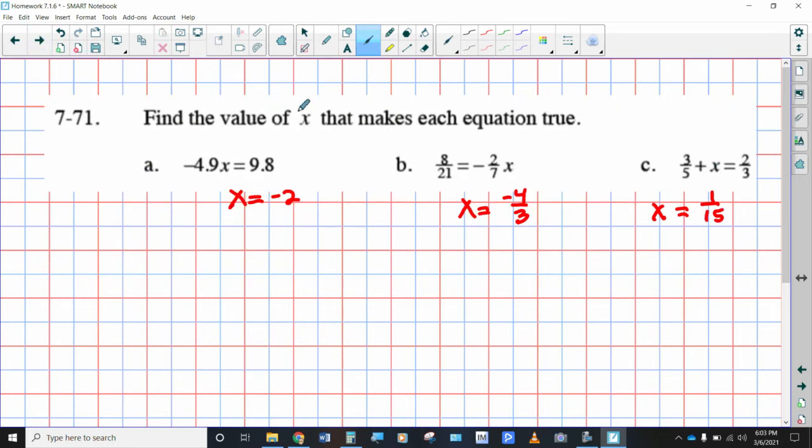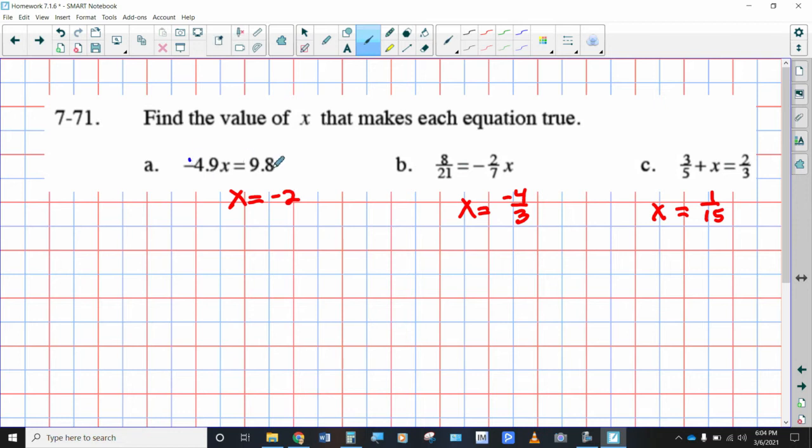All right, find the value of x that makes each equation true. So this is not quite as bad as the previous. In this case, you're going to divide each side by negative 4.9, and 9.8 divided by negative 4.9 gives you negative 2 because it's a positive divided by negative, and we can check that.